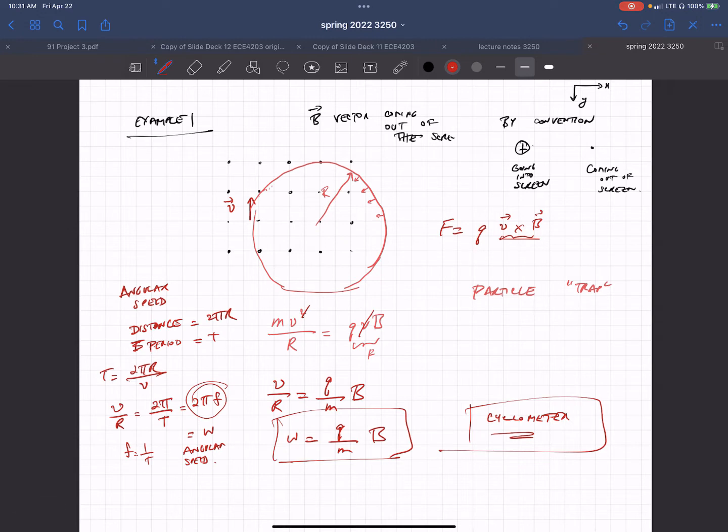And again, you can see several things here: we had to do a cross product, and we had to keep track of multiple directions, including the velocity of the particle, which we didn't have to do in electrostatics.